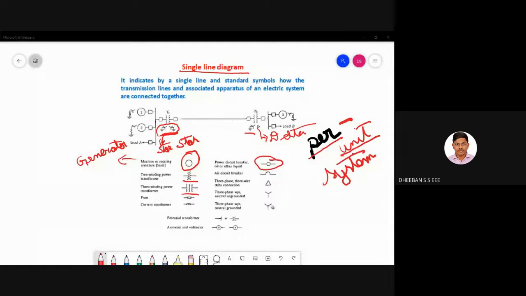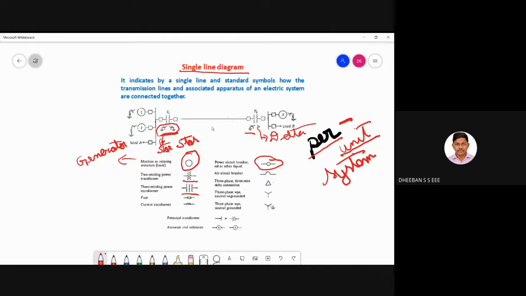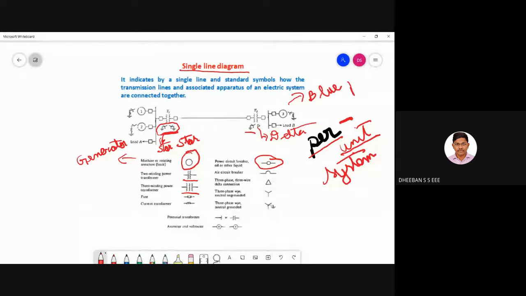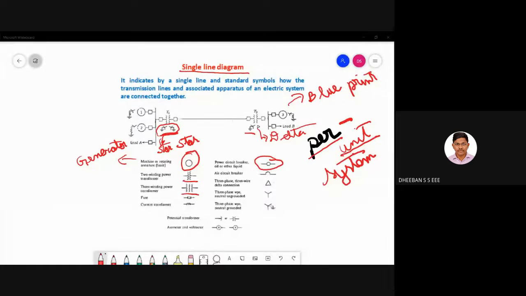These are the components related to your power system network, and you can normally take this as a blueprint for an interconnected system.